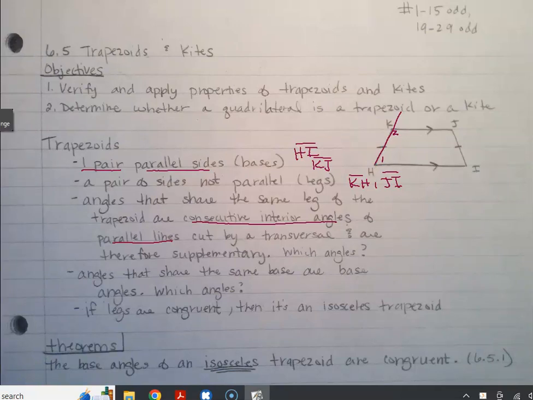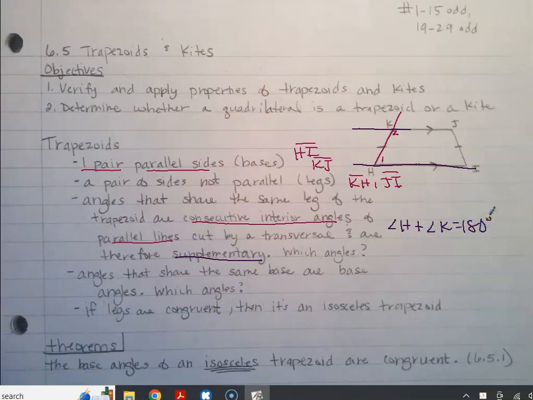If we extended this out, and we extended this out, we have parallel lines with consecutive interior angles, and they are therefore supplementary. So angle 1 and 2 are supplementary, or angle H plus angle K equals 180.